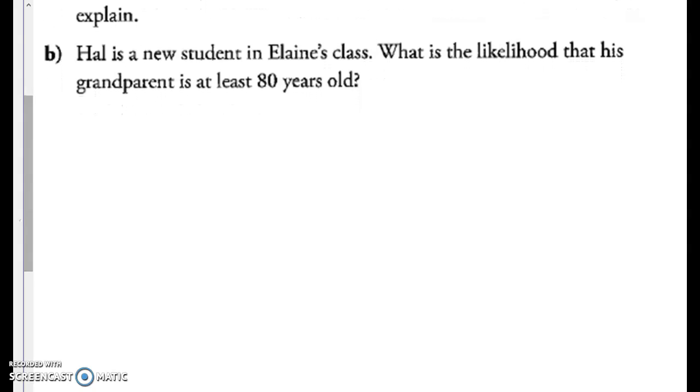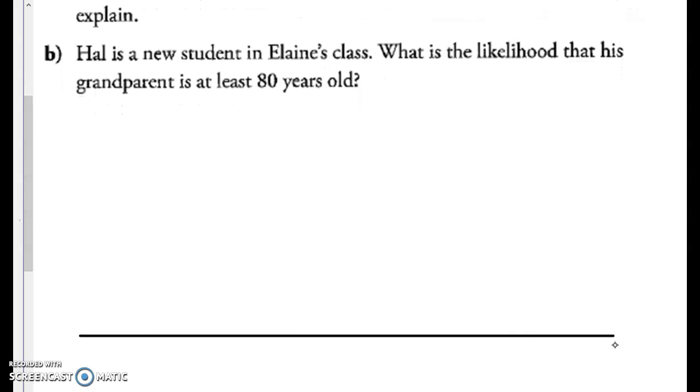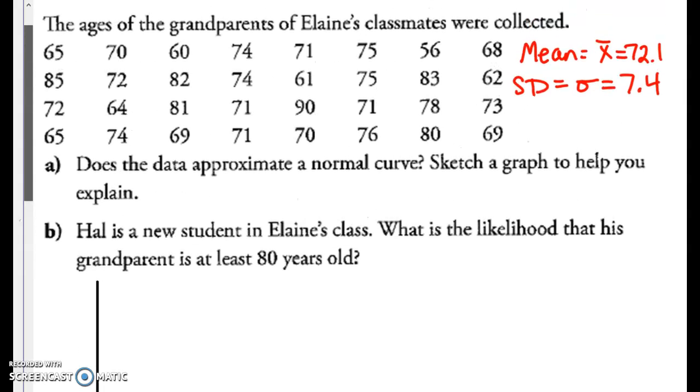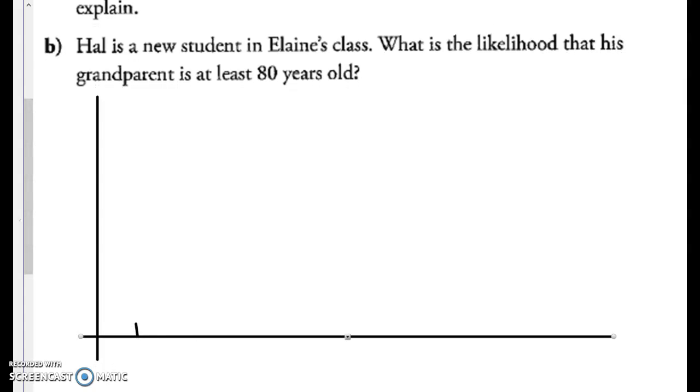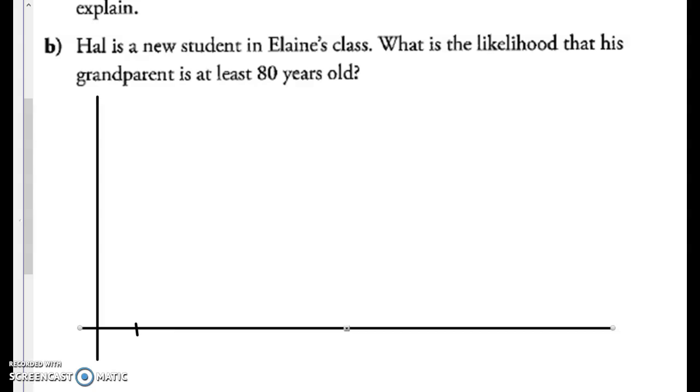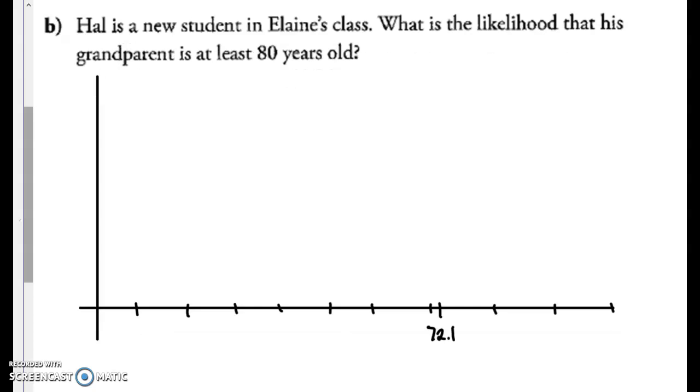Okay, so let's just do this really quickly. We've got our graph here, and the center here is at 72.1. So the average of our data is 72.1. That's going to be the very center of our bell curve, right there.